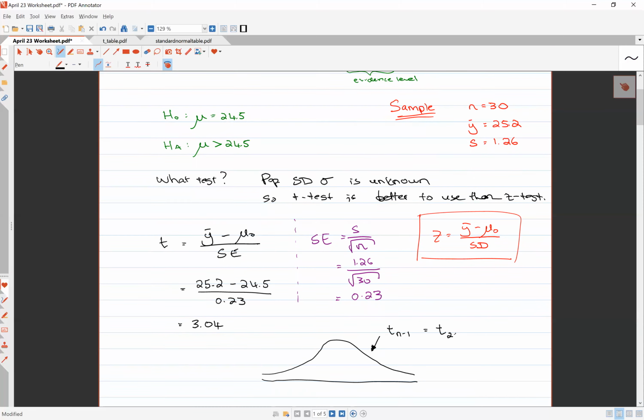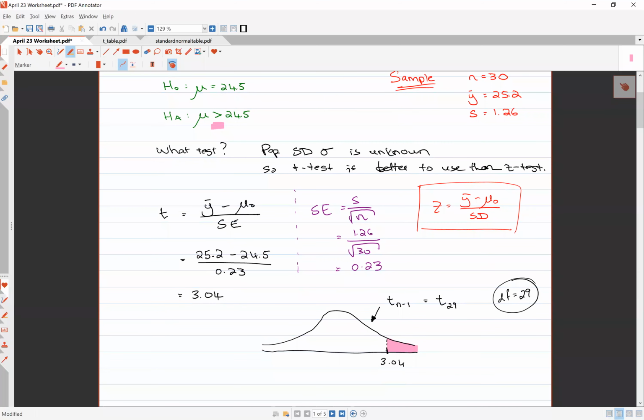So in this case, it would be a t-curve with 29 degrees of freedom, always 1 minus the sample size. And we observe a value of 3.04. And our alternative says greater than, which means we want to look at the part of the bell curve that is greater than 3.04, or above 3.04. So that shaded part represents our p-value.